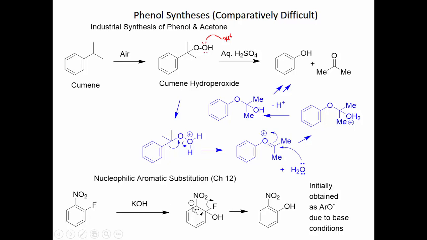This proceeds through this carbanion type intermediate. Fluoride leaves, and then you get the phenol. Initially, you're going to actually get the phenoxide because hydroxide is more basic than phenoxide, but you'll eventually work it up with some sort of acid, and this will be the product that you get.